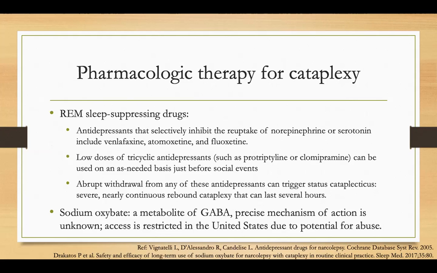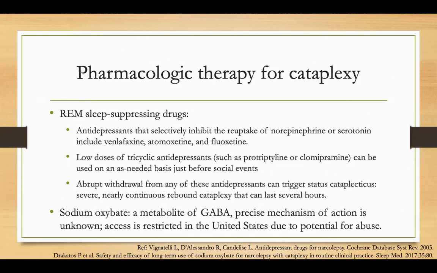Low doses of tricyclic antidepressants can also be used on an as-needed basis just before social events. Be careful that abrupt withdrawal from any of these antidepressants can trigger status cataplecticus, which is severe, nearly continuous rebound cataplexy that can last several hours.